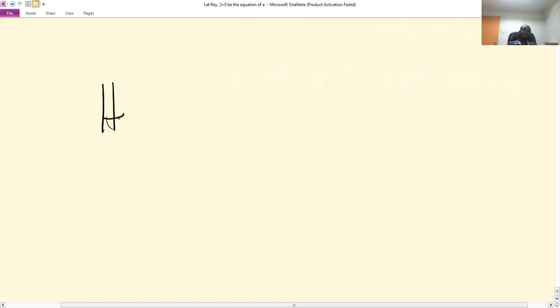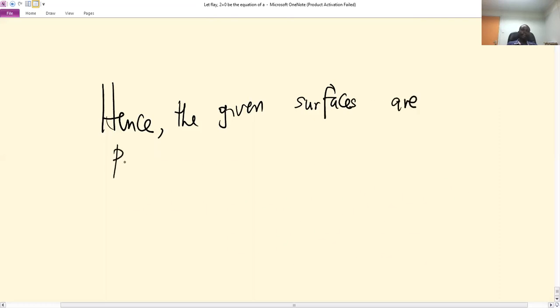So hence the given surfaces are perpendicular at the point 1, minus 1, 2. So that's how we do that problem. Thank you.